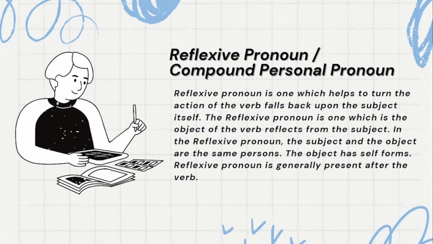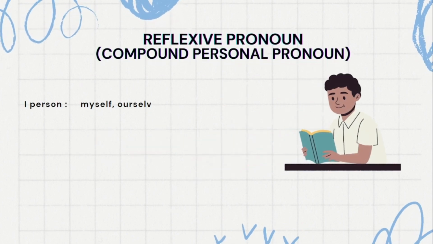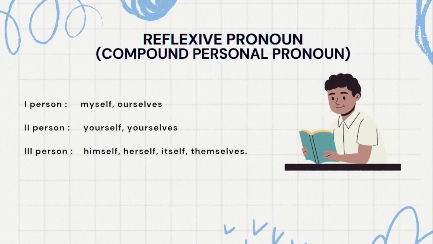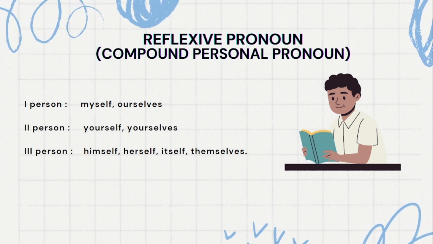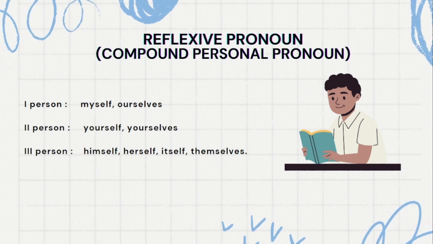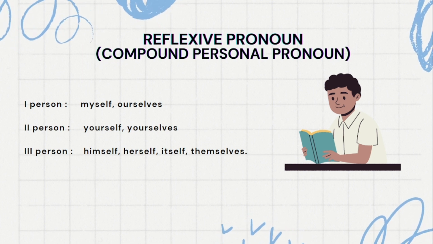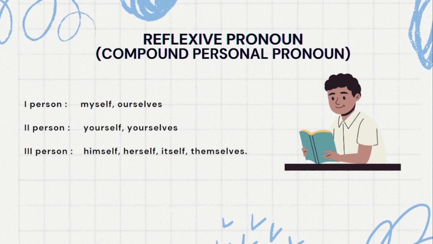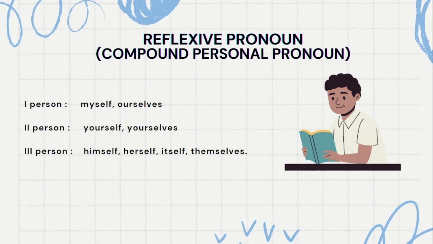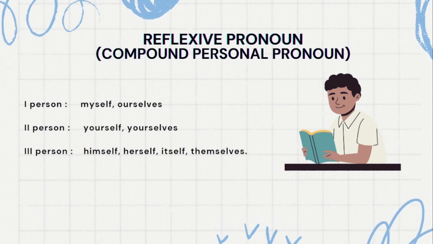Let us see reflexive pronouns. First person means speaker. First person singular is I. I is the subject form. What is the reflexive pronoun of I? Myself. I is singular.